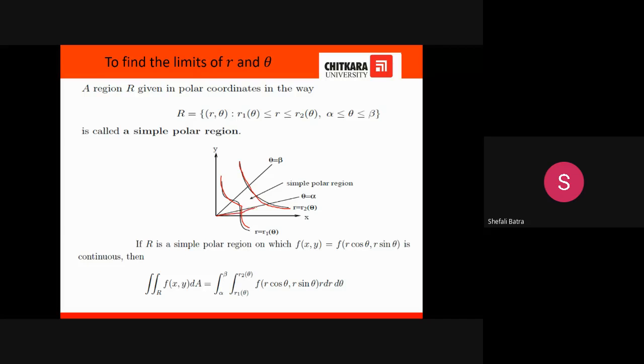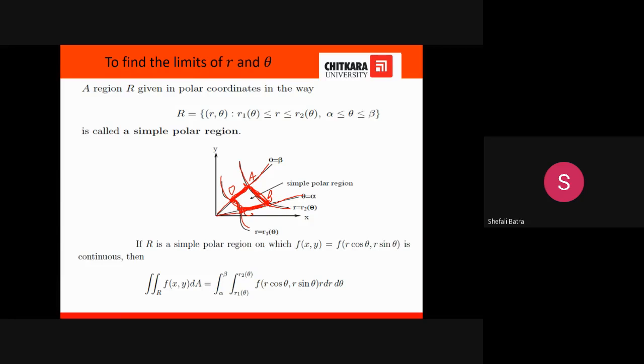This is the line θ equal to α and this is the line θ equal to β. So O, A, B, C. This is the region of integration bounded by these two curves and these two lines. This one only, which I'm highlighting here.